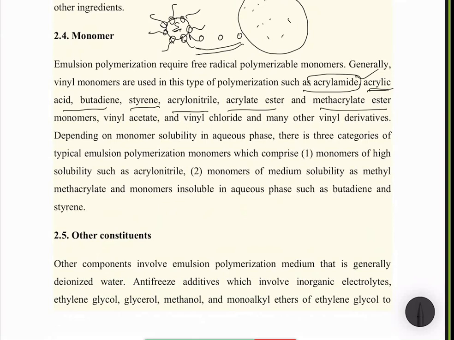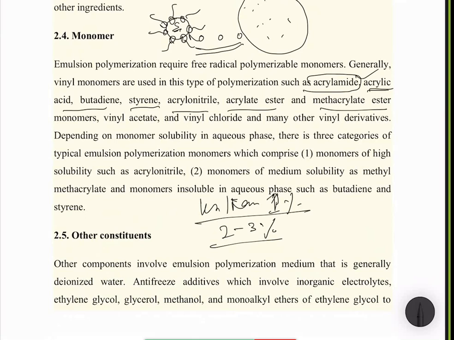Now, I was mentioning the solubility of the monomers. When you are using hydrophobic monomers, it means that their water solubility is very, very poor. How much is it soluble in water? Maybe less than 1%, or it may be soluble to the extent of 2 to 3%. That actually creates a lot of difference during the initiation of the polymerization.